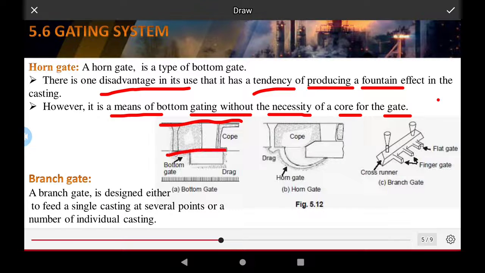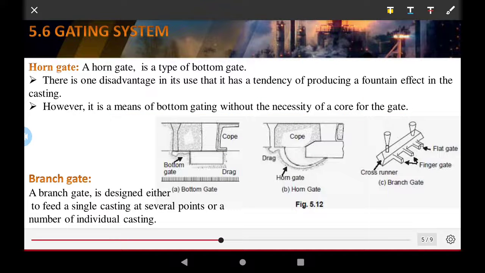This is the bottom cope and drag. This is the drag of the horn and bottom gate. This is the bottom gate of the mold. This is where the molten metal enters the mold. This is the mold bottom gate.